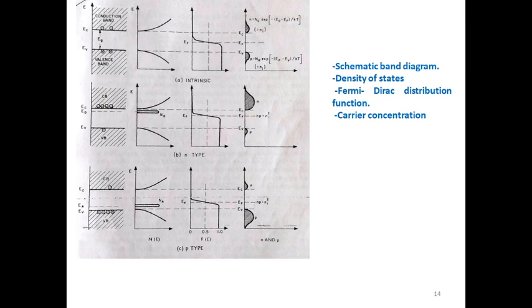If you see the first figure, in A, intrinsic means pure semiconductor, where the shaded regions of n and p are equal, because in an intrinsic semiconductor the number of electrons is equal to the number of holes. That's why the shaded regions for n and p are the same size.